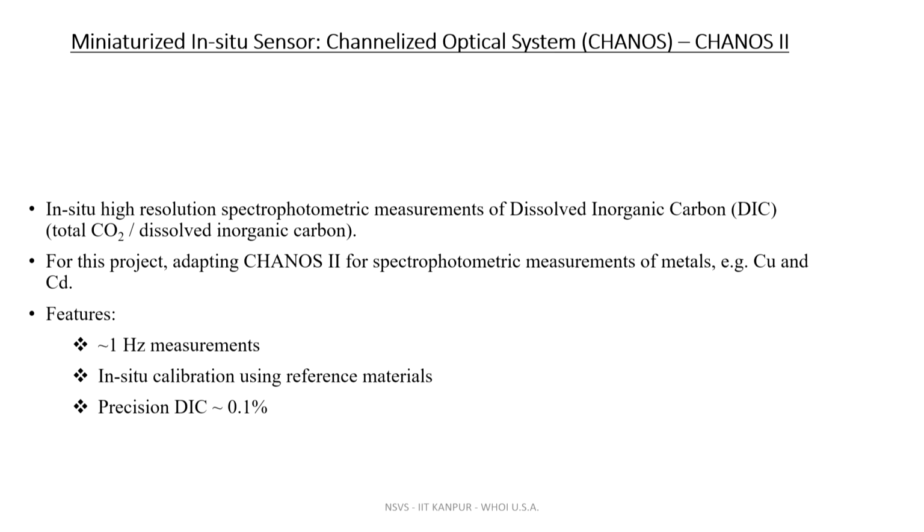For that point of view, Chanos 2 had been designed and developed by the Utsol Institute and sent to us, and we also customized it so that it can detect not only DIC but also metals. As you know, there are many polluting industries such as tanneries, from where metallic pollution is possible.